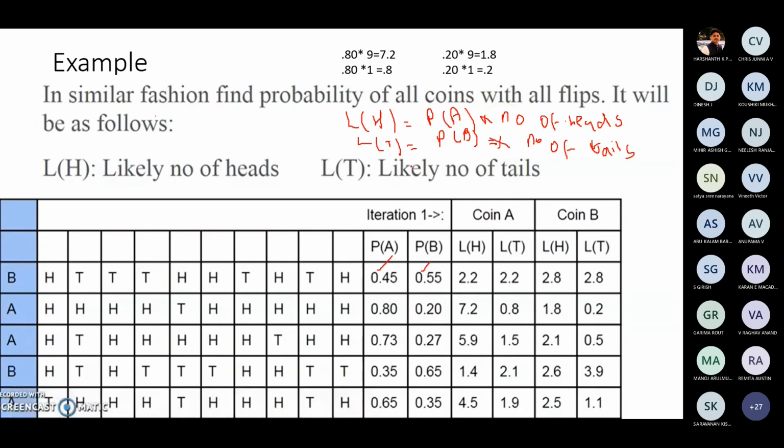So now what am I going to do? If you look at this, the probability of head is probability of A into number of heads. The probability of tail is probability of B into number of tails.